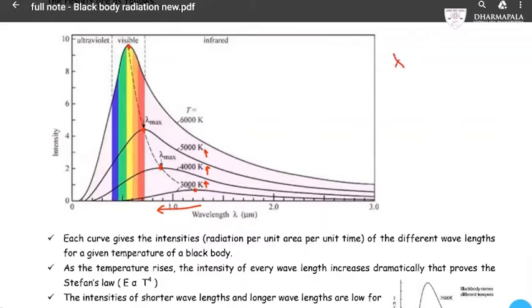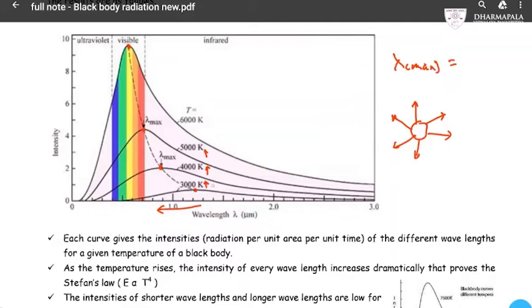Lambda max is the wavelength of maximum intensity, which means, as I mentioned earlier, a black body is emitting all the wavelengths, but not in equal amounts. The amount of some wavelengths is much higher than the others. So this lambda max is the wavelength which is emitted mostly by this object. So that is lambda max.